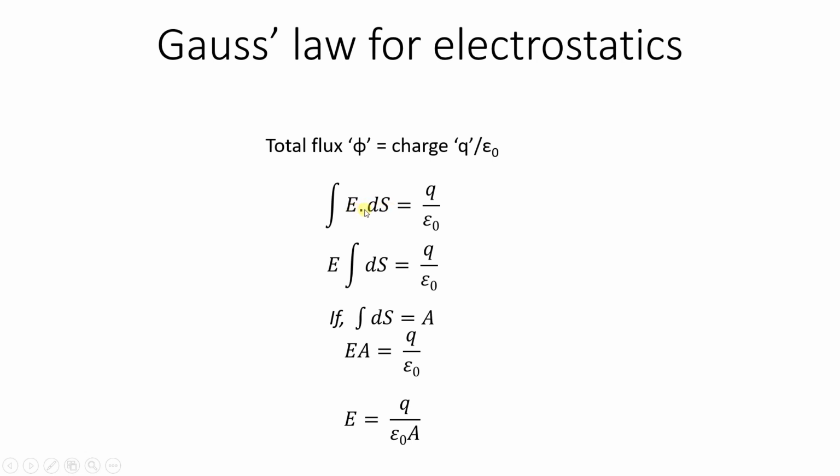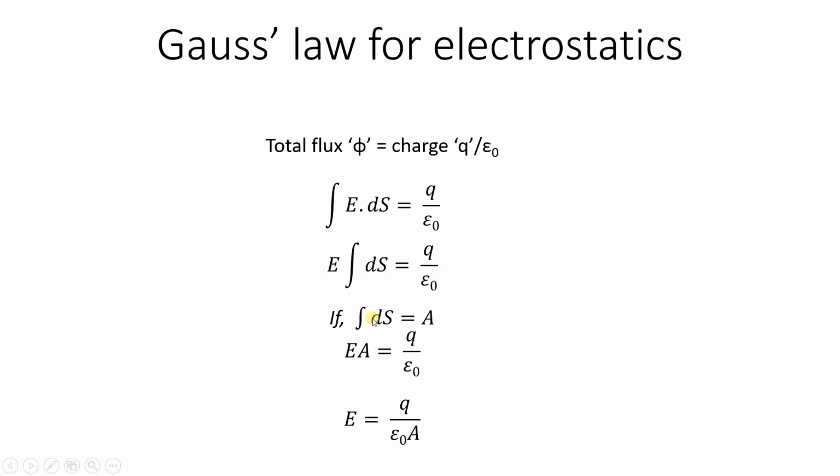It's a dot product here. E dot ds, where ds is the surface element, a small surface area of the material. So you will get the integral of E dot ds is Q by epsilon naught. That's another representation for the Gauss law. Suppose the electric field being applied is a constant value, then I can take E outside the integral. So it becomes E into integral ds is Q by epsilon naught.